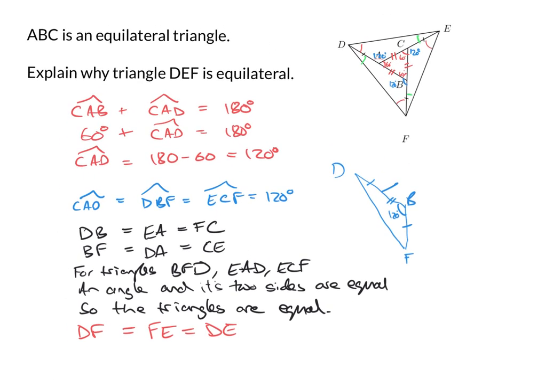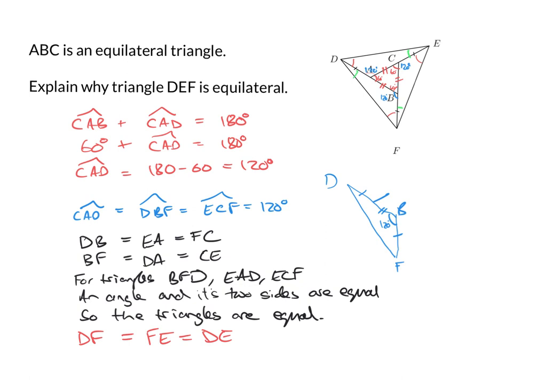So we know that EFD, this is getting awfully messy, EFD is equal to FDE. I should put angles on here. Angles EFD equals FDE equals DEF, I think is the other one I haven't got, so DEF is an equilateral triangle.